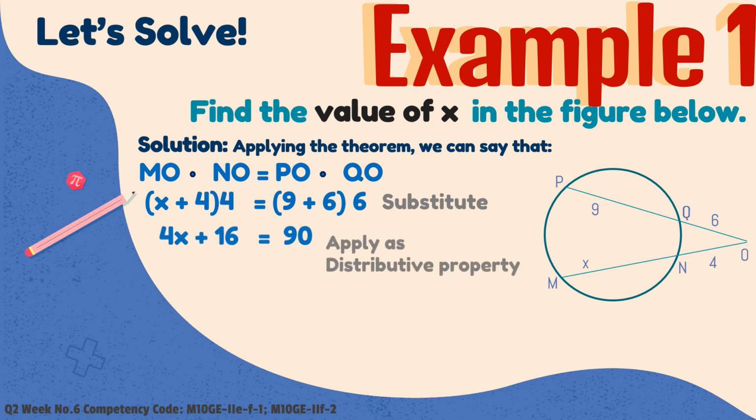Applying distributive property, we have 4x plus 16 equals 90. Simplify, 4x equals 90 minus 16. Divide both sides of the equation by 4, so we have 4x over 4 equals 74 over 4. The value of x is equal to 18.5 units.